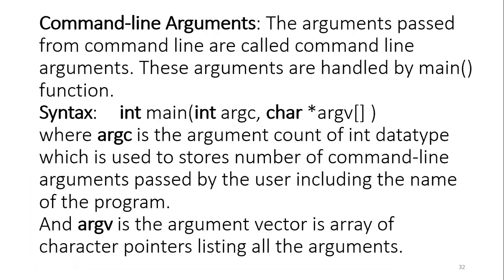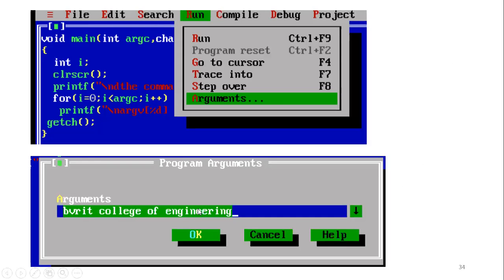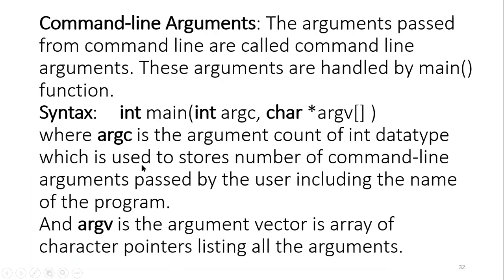So here we can see once again, argv is the argument vector, an array of character pointers listing all the arguments. These are the arguments, bvrit College of Engineering. Now argc is the argument count, of integer data type, which is used to store the number of command line arguments passed by the user, including the name of the program.